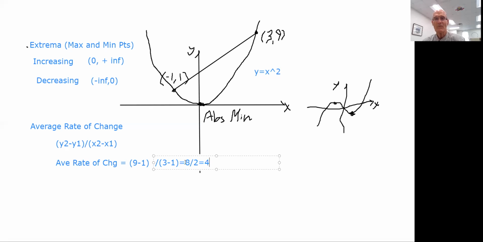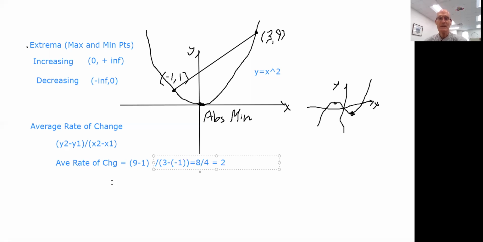Now I got to go back because I made a mistake here, right? Let's go back. Because what do I do here? I got to do 3 minus -1, okay? That makes a difference because now instead of having 8/2, I have 8 divided by 4, which is 2.